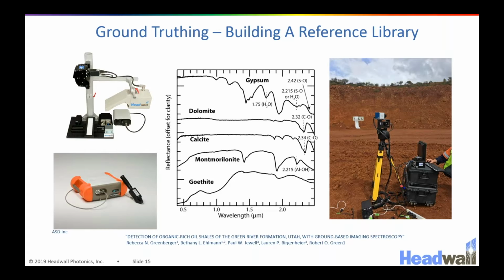But one of the most difficult parts for the scientist is to assign that spectral response to something you're looking for. Am I looking at the spectral response of dolomite, calcite, goethite? When I'm analyzing a data set, I can fairly quickly find all of the different spectral signatures. But one of the hard parts, the ground truthing part, is taking that spectral signature and identifying what it actually is. That we generally call ground truthing.